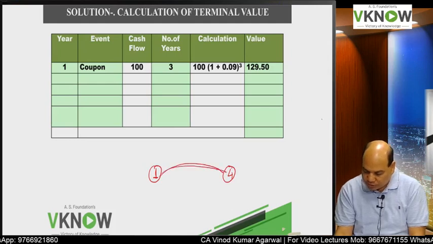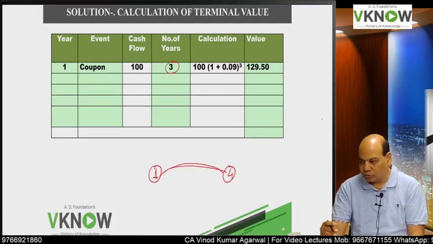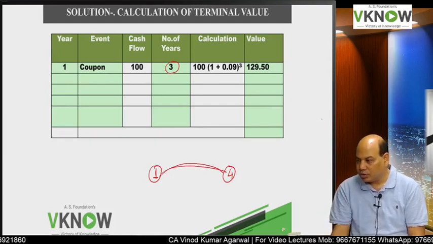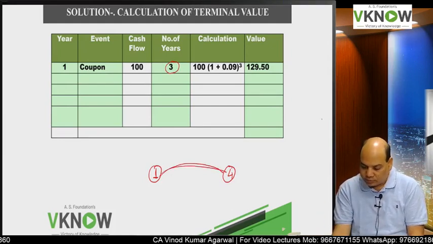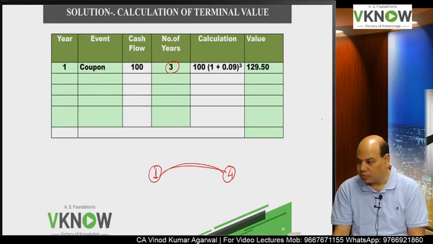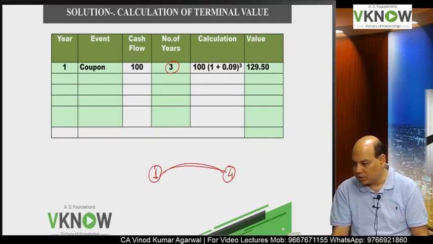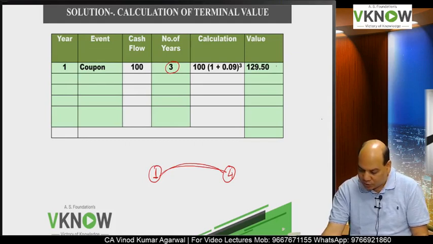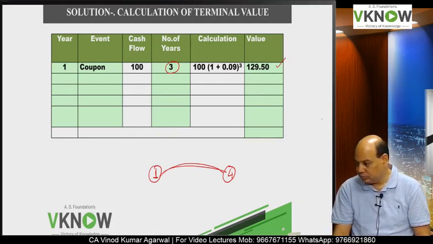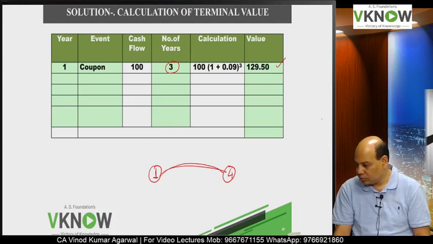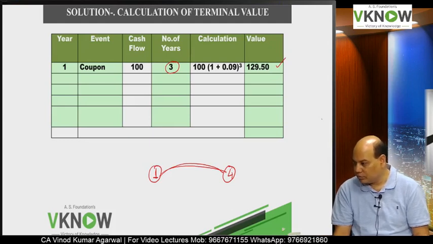So the gap is 3 years. The future value you will get is 100 into 1 plus 0.09 to the power 3. Check the answer I have calculated. Is it 129.50?